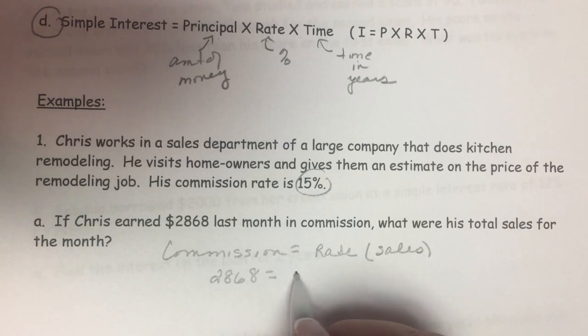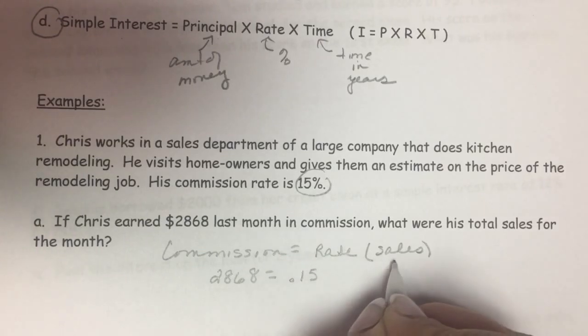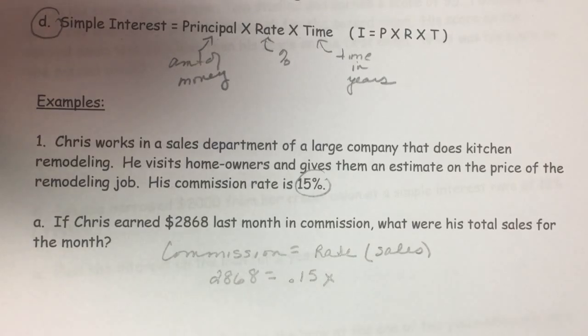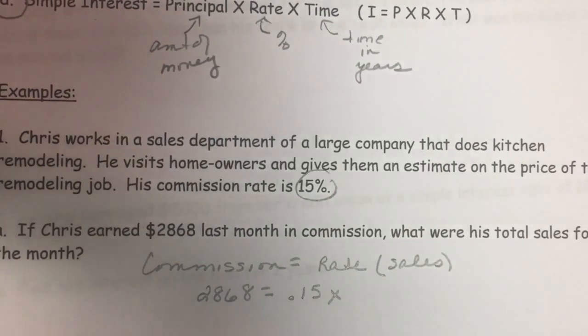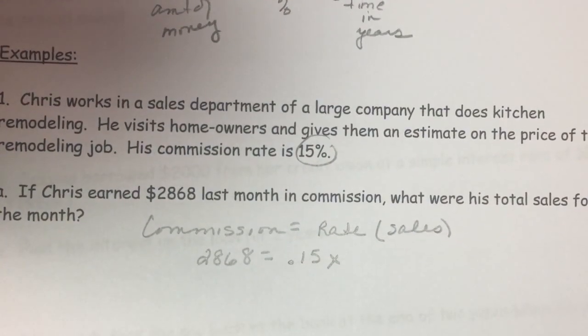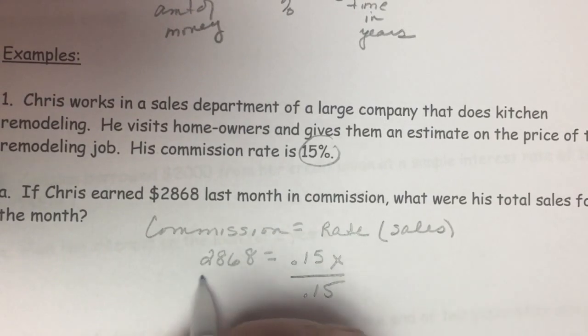Well, what is his commission rate? It's 15%, which remember means it's 0.15. What were his sales? Well, that's what we're looking for. So let's call it X. Okay, so you can see I have an equation. I need to get the X alone, so I'm going to divide both sides by 0.15.